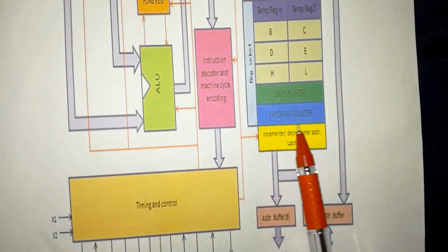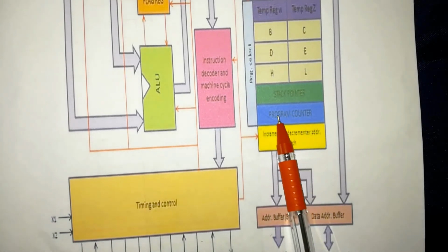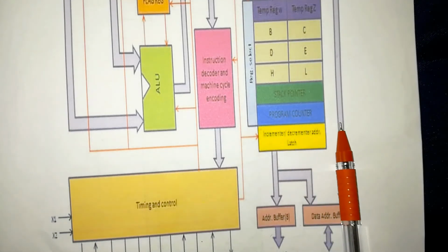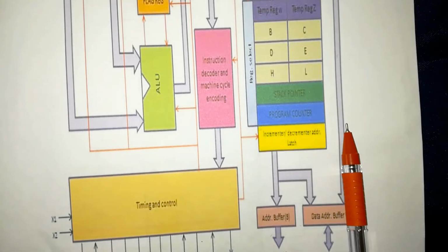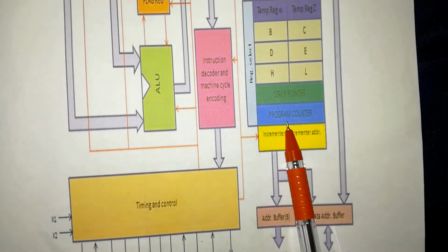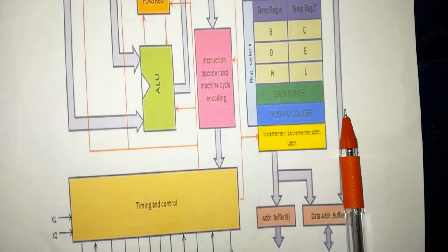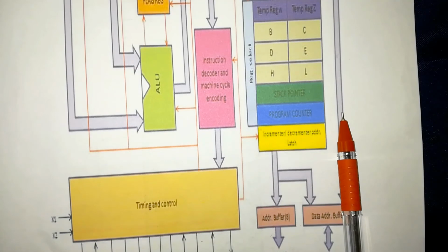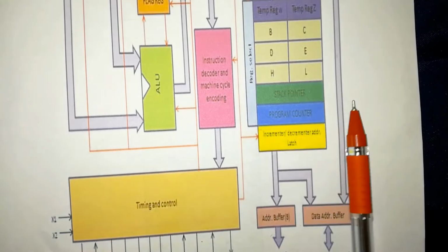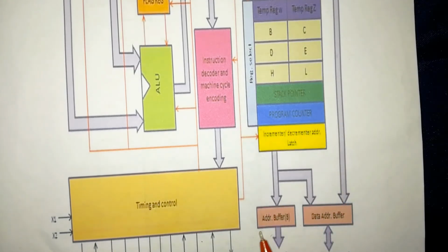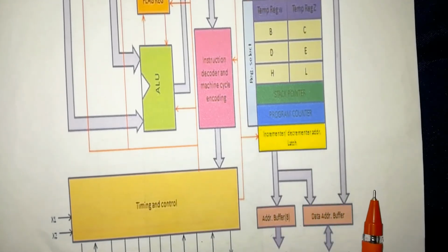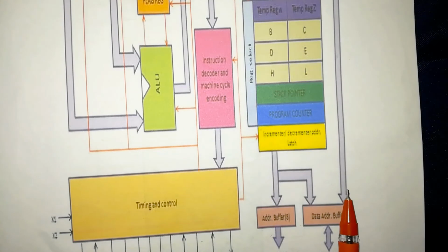Here, program counter. The program counter is also a 16-bit register. It points to the next executable instruction. It always contains the 16-bit address of the memory location where next executable instruction is stored.